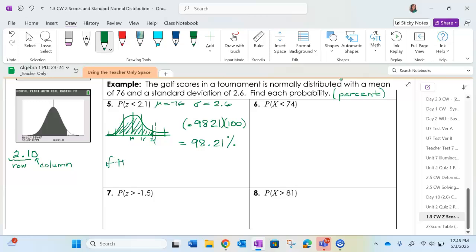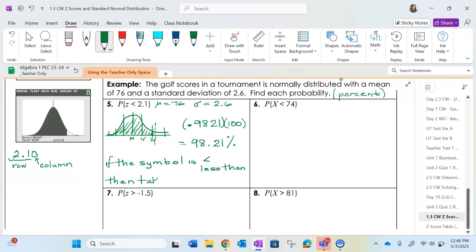Now, here's something I need you to remember. Okay, if the symbol, okay, in this statement here, if this symbol is less than, and I'm going to write less than because it might not look like this, and I'll show you later what I'm talking about. If the symbol is less than, then you take the percent as is.